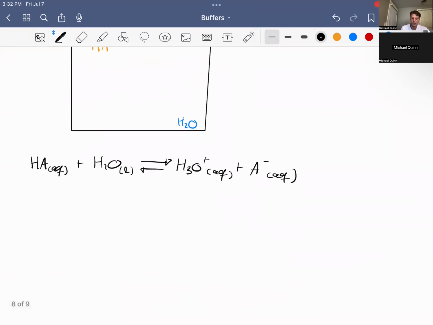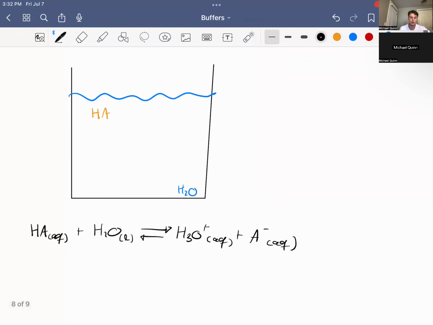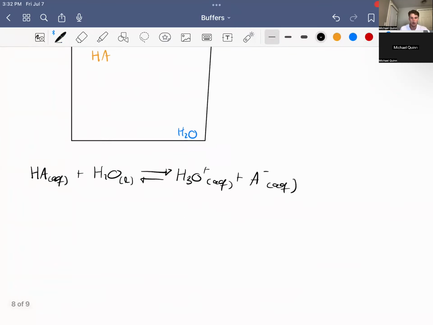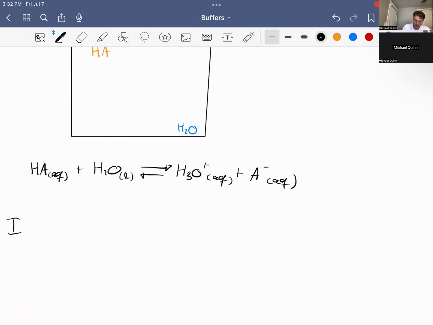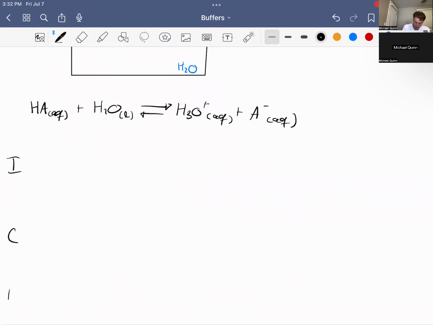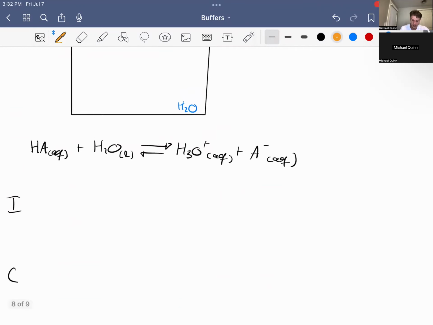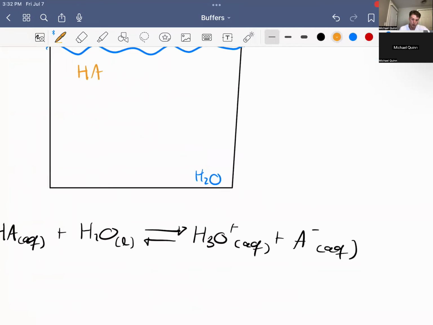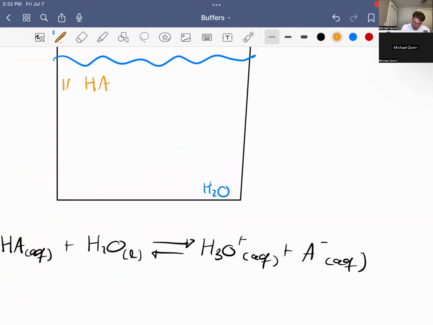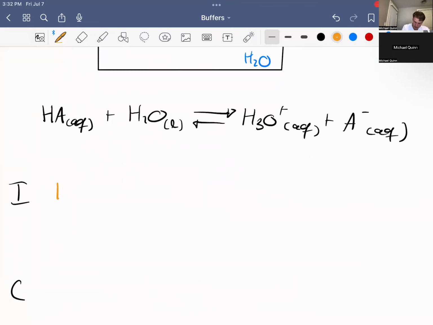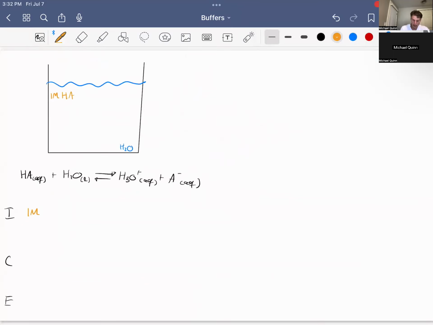Now, in order to calculate the pH, I'm going to do this without numbers or values. I think it's more important to get the concept down. This will be the same for any titration curve before we have started the titration. All we would need to do is know the initial concentration of HA. Let's at least just plug in 1 molar of that, but let's leave our Ka unknown.